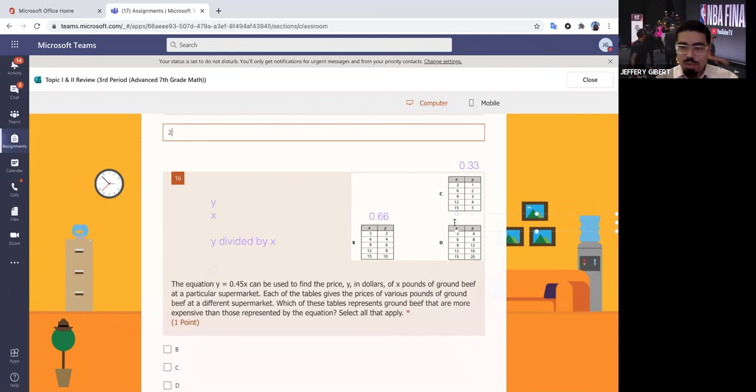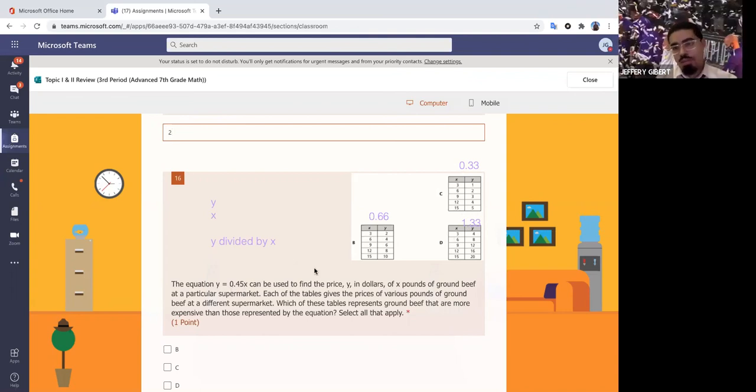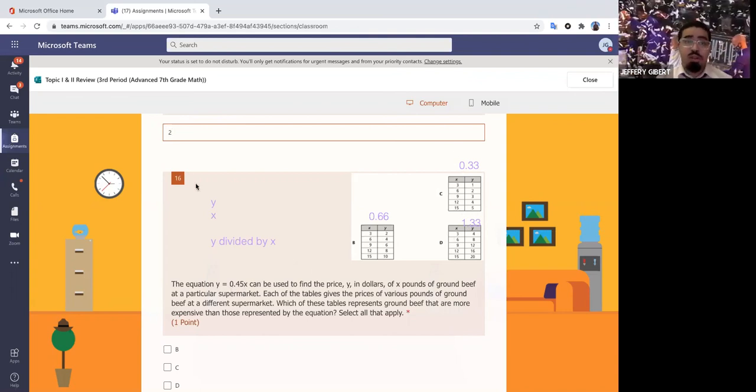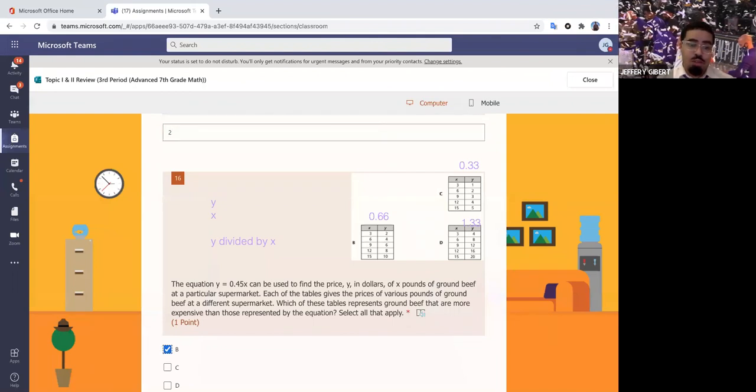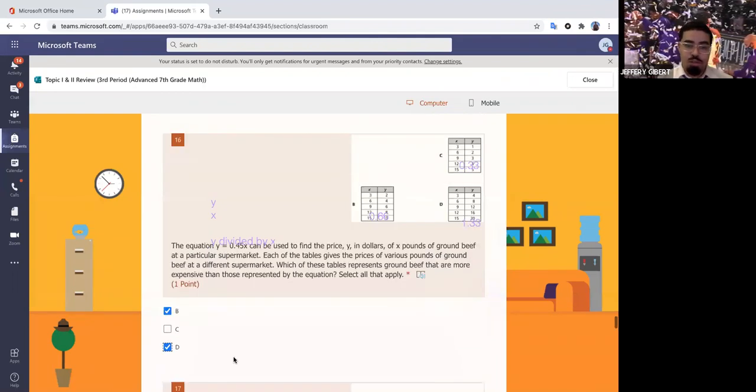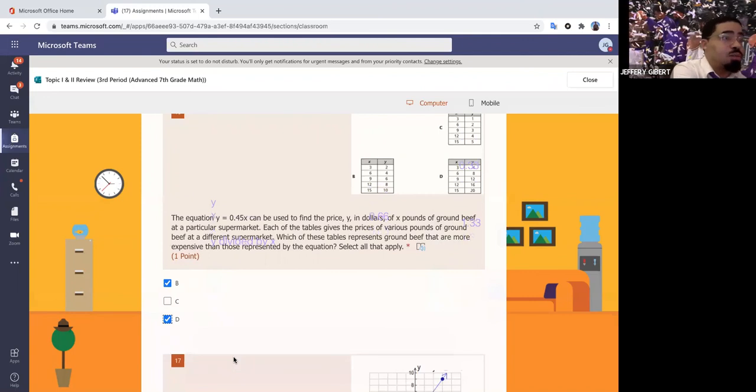On D, 4 divided by 3 is 1.33. Since there's a 1, that's obviously bigger than 0.45. So B and D are bigger, and C is not bigger. B would be correct, D would be correct, and C would not be correct.